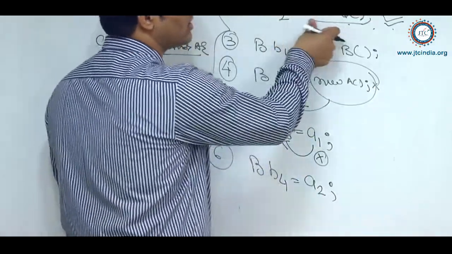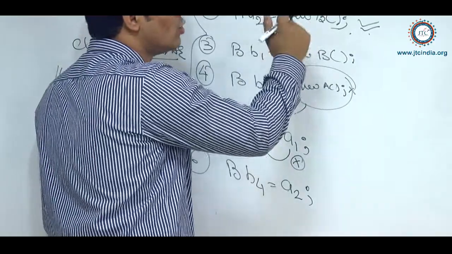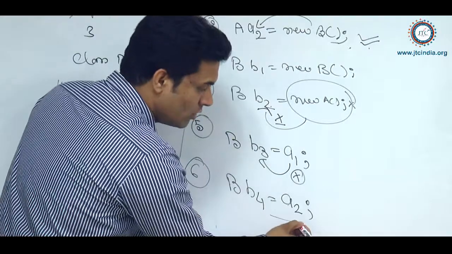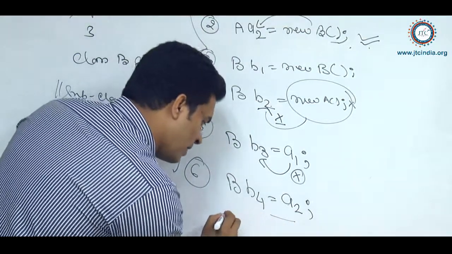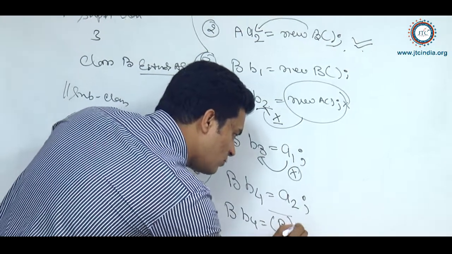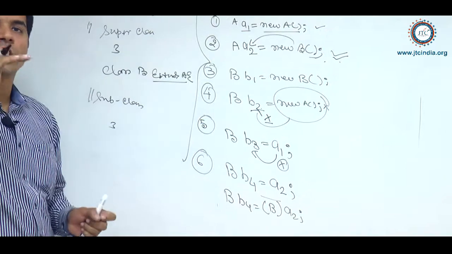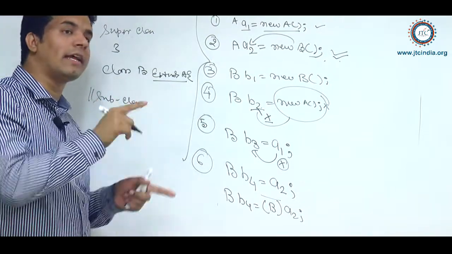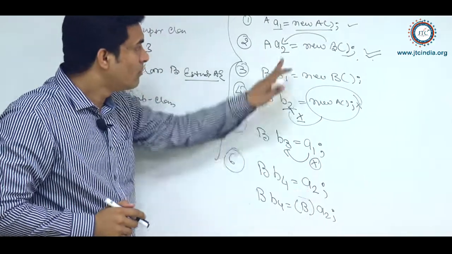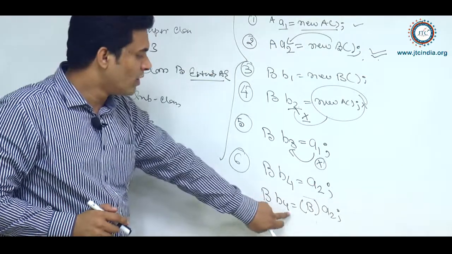What does a2 contain? It contains a subclass object reference. Directly we cannot do this either, but if we typecast a2, typecasting is always done on the basis of content. The content of a2 is B type, so we typecast it to B type, and we could do this option.